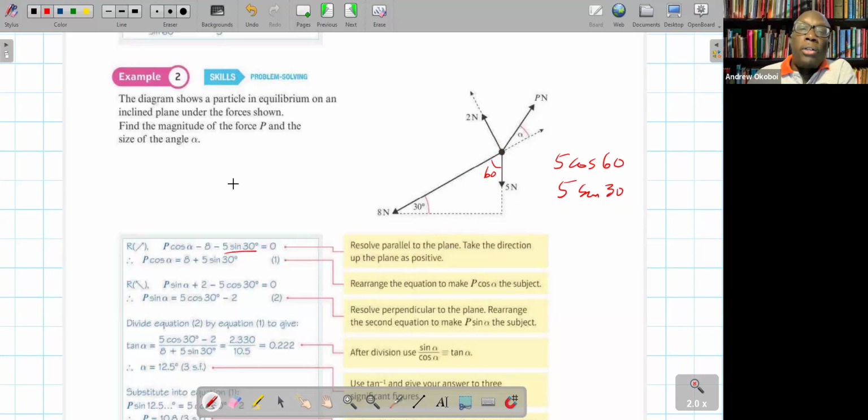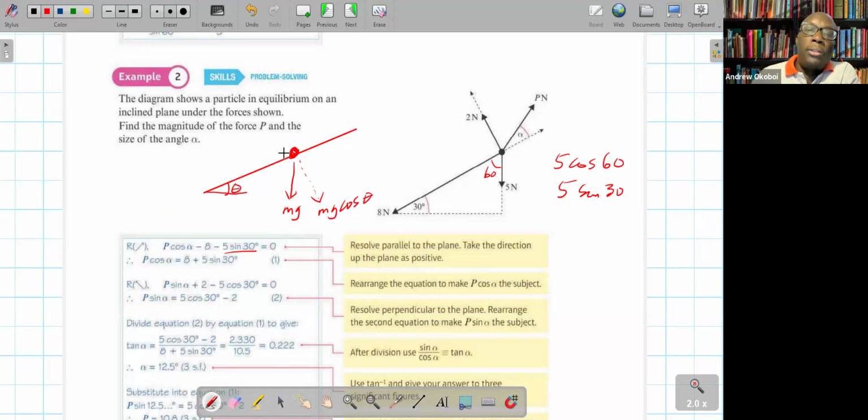Whenever we're looking at an inclined plane, and this is a very common question, and we have a particle on an inclined plane, that particle has a weight which goes straight down, which we call mg. Now we resolve it perpendicular to the plane, and that movement to the right is always mg cos theta, and theta is this angle that is here.